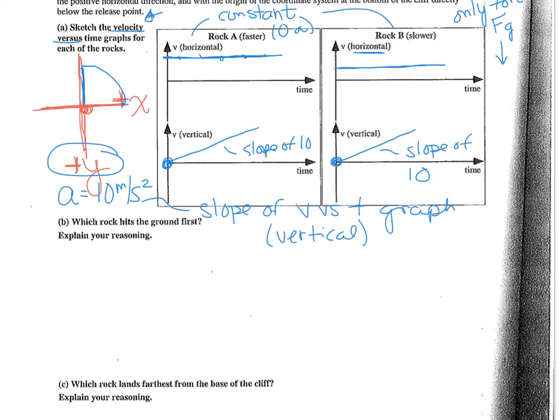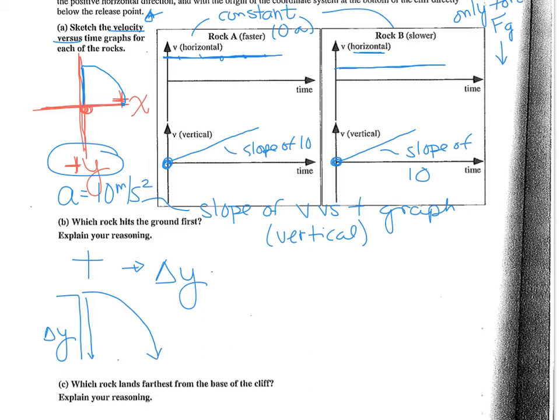When the question asks which rock hits the ground first, it's asking what is the time to go some displacement in the y direction. So one's dropped, one follows this trajectory. This is delta y.